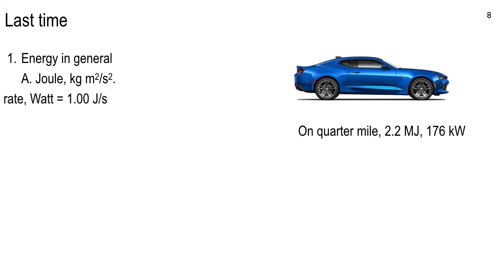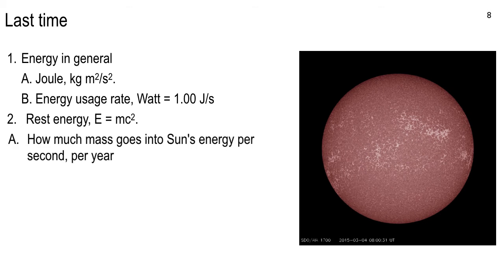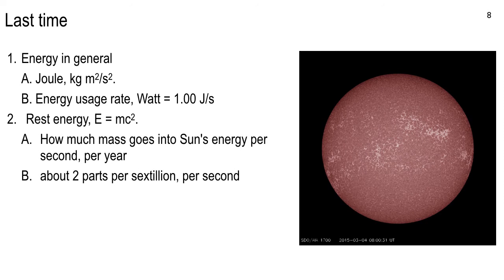And we figured out that it's a pretty small fraction of the sun's mass on a per-second basis. It's about 2 parts per sextillion, 2 parts for every 10 to the 21. So 2 kilograms for every 10 to the 21 kilograms of the sun's mass.